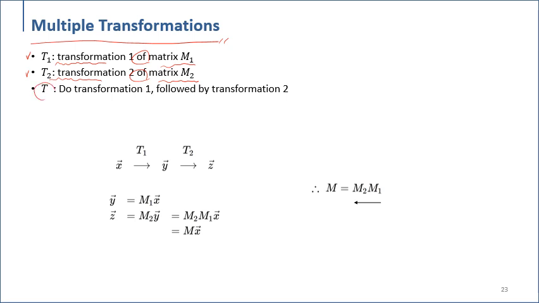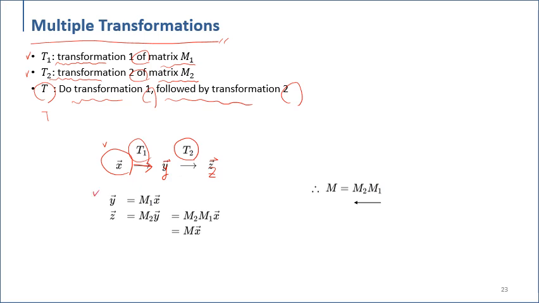Let's say the transformation T is operating transformation 1 first, followed by transformation 2. That means, if we have an original vector x, it is transformed to a y vector by operating T1, and then this is changed to a z vector by operating T2.